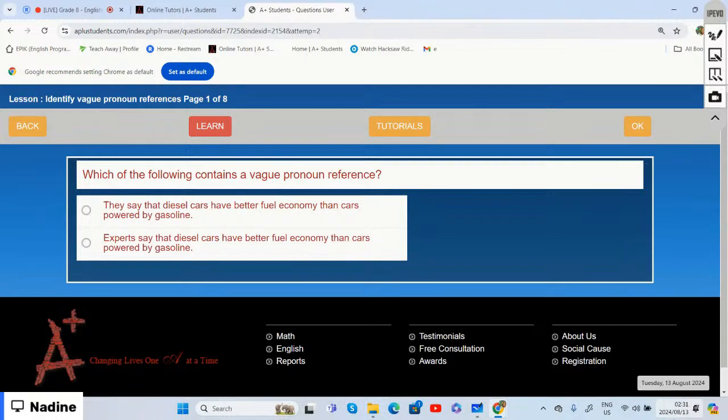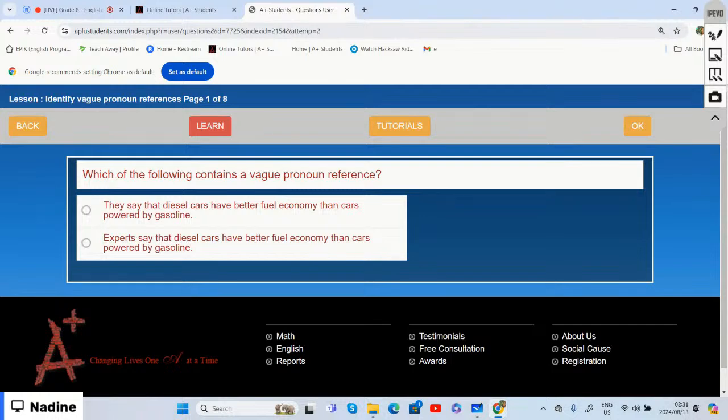All right, so we need to say which of the following is a vague pronoun reference. Option one says they say that diesel cars have better fuel economy than cars powered by gasoline, or option two says experts say that diesel cars have better fuel economy than cars powered by gasoline.